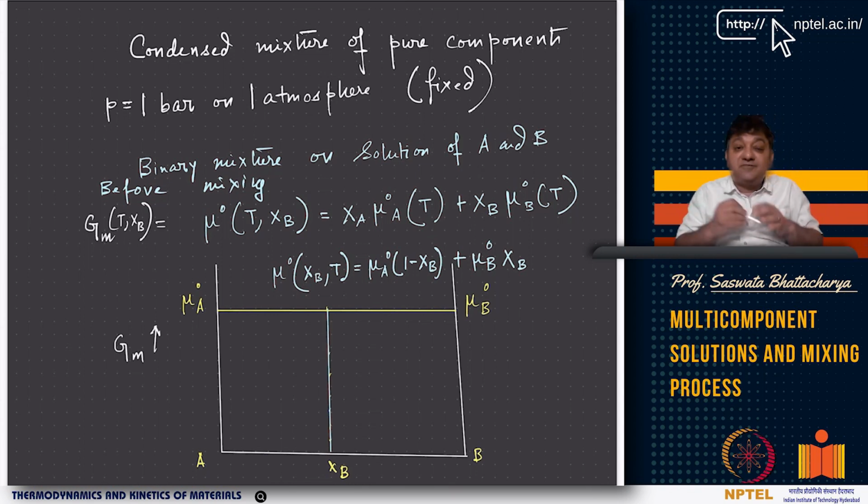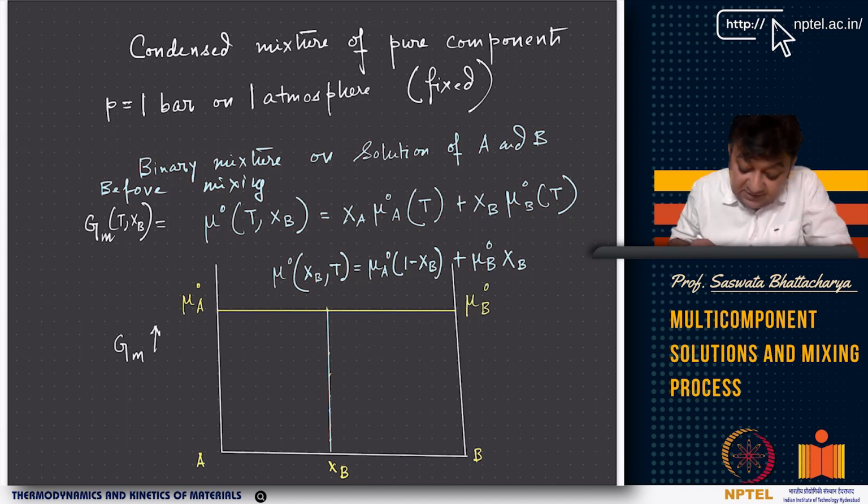So if you look at the molar free energy as a function of temperature, again pressure is fixed. Remember, for condensed phases, pressure does not do much, the PV work is negligible. So Gm is basically nothing but mu 0, the partial molar Gibbs free energy or chemical potential in the standard state, which equals Xa mu a 0 plus Xb mu b 0.